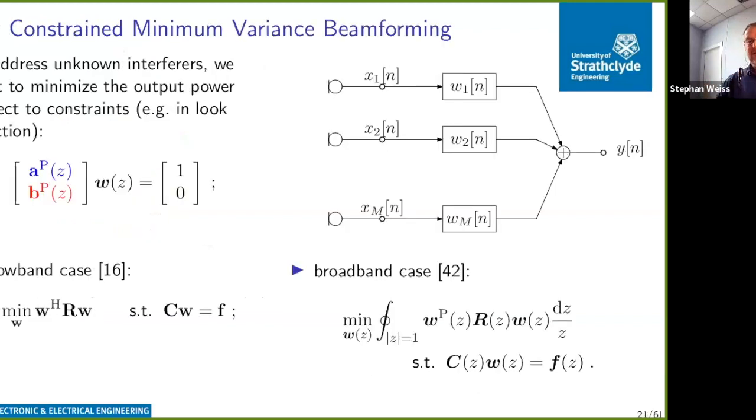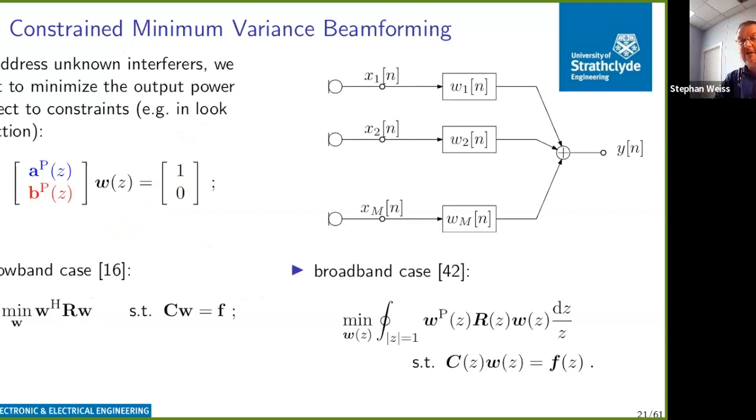Okay, so this is from what we had from before, right? So we want to perhaps coherently combine one source. We want to null out another source. And we can do this if we know where our sources are located and what these transfer paths are.